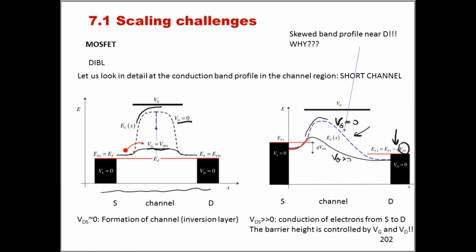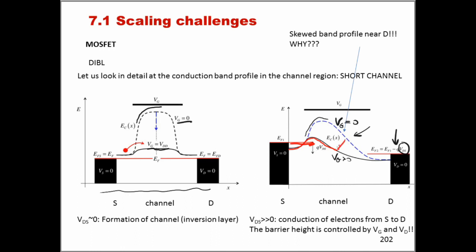And so if we compare now the situation where VG is positive, and we get this energy diagram here, and we compare it to the case where there was no VDS, we can clearly see that the effect arising from the presence of a VDS in this case is effectively that the barrier seen by the electrons that wanted to move through the channel is now much smaller than the barrier that we would have had if the transistor was a long channel transistor.